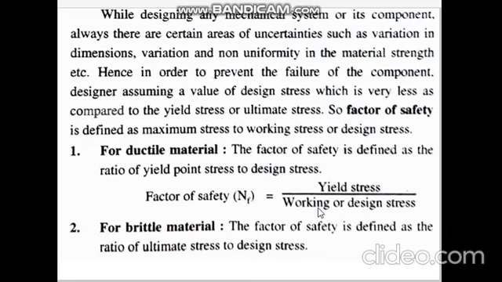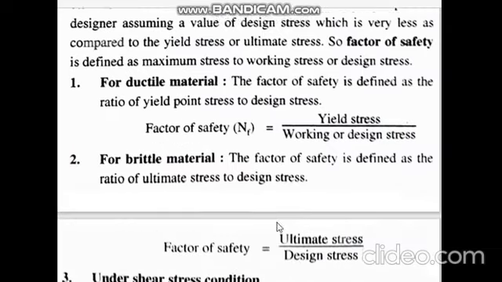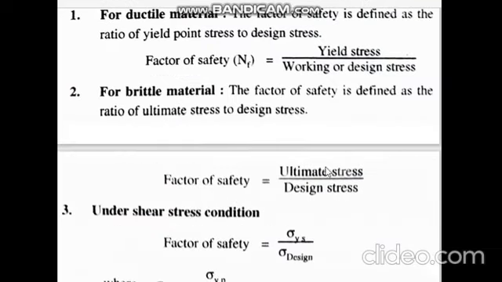Working stress means how much load is coming. You can call it working stress or design stress. So yield stress upon working stress, or yield stress upon design stress, is the factor of safety for ductile materials. For brittle materials, the factor of safety is defined as ultimate stress upon working stress, or ultimate stress upon design stress.